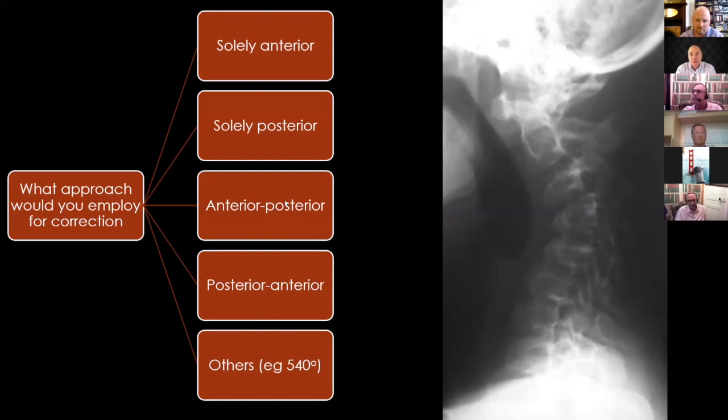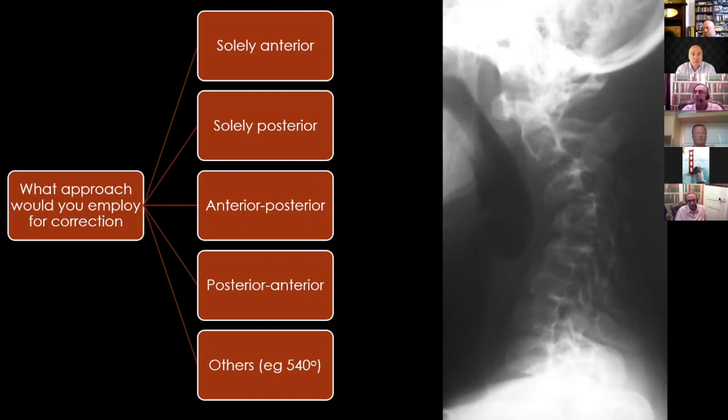Okay, so now it's open for voting. Okay, so majority anterior-posterior. Oscar, can we vote for another question, because I believe that it is connected somehow to this first one.